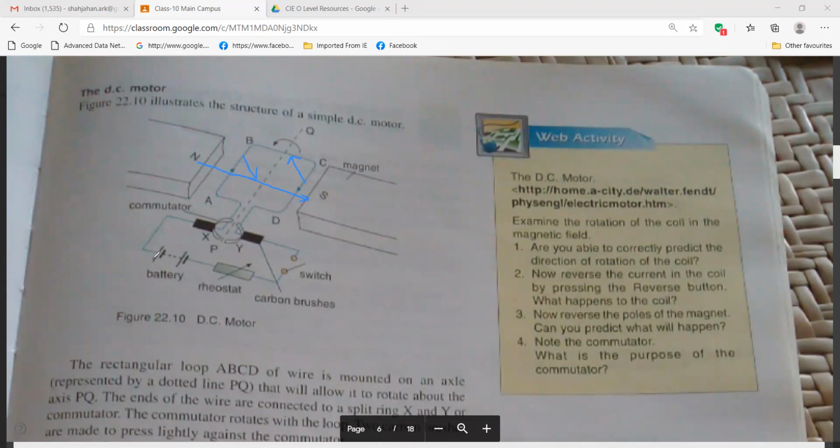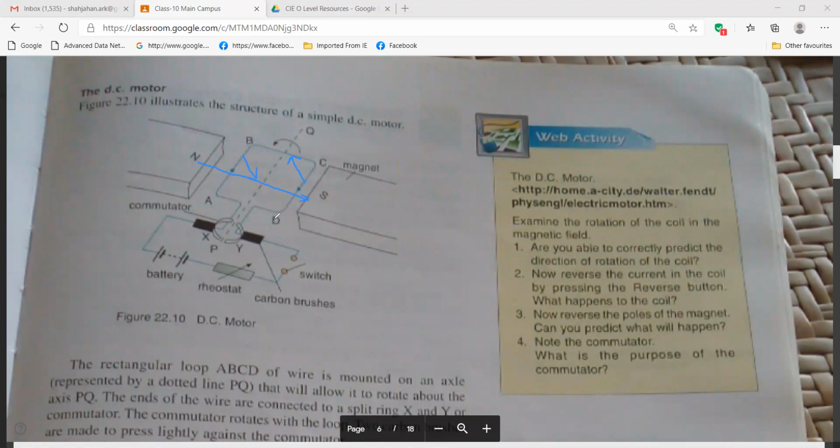No, we are fixing it in the same way. After the rotation happens, AB will be upwards and CD will be downwards. Yes, and that means this process will continue. The turning effect or the rotation process will continue this way.